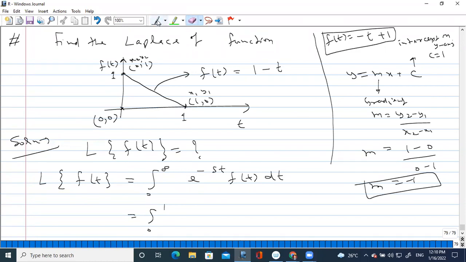This was the formula, no? So f(t) I will put 1 minus t into e to the power minus st into dt. So this is the problem. So this you have to integrate. Okay, so note down this first quickly.